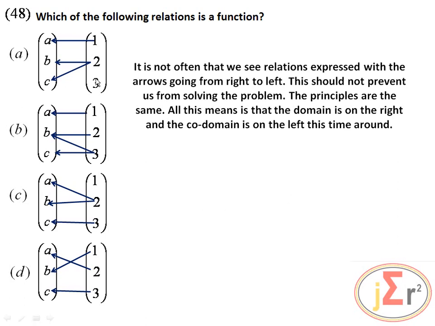Here we will have the domain and we will have the codomain here. Only that is different. Well, we imagine that the arrows will go from the domain to the codomain. So it's just a matter of rearranging, just looking from the other side.